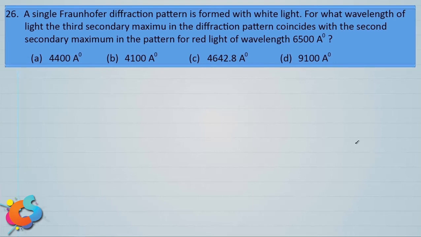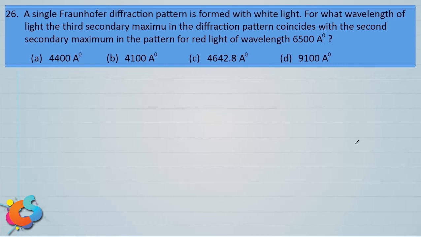Dear students, here two different fringes do coincide, and these two fringe patterns are due to two different wavelengths. One of them is due to white light and the other one is due to a monochromatic light, which is red light. Now, what do we understand by the statement that two fringes do overlap or coincide at a point on the screen? It means that the distance of those two fringes from the center should remain the same. So when two fringes coincide at a point on the screen, then we'll have to equate their distances from the center.